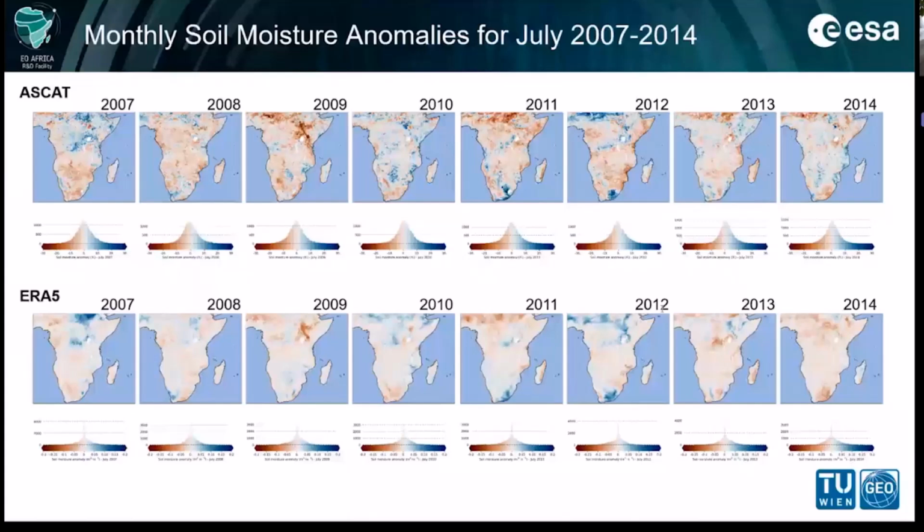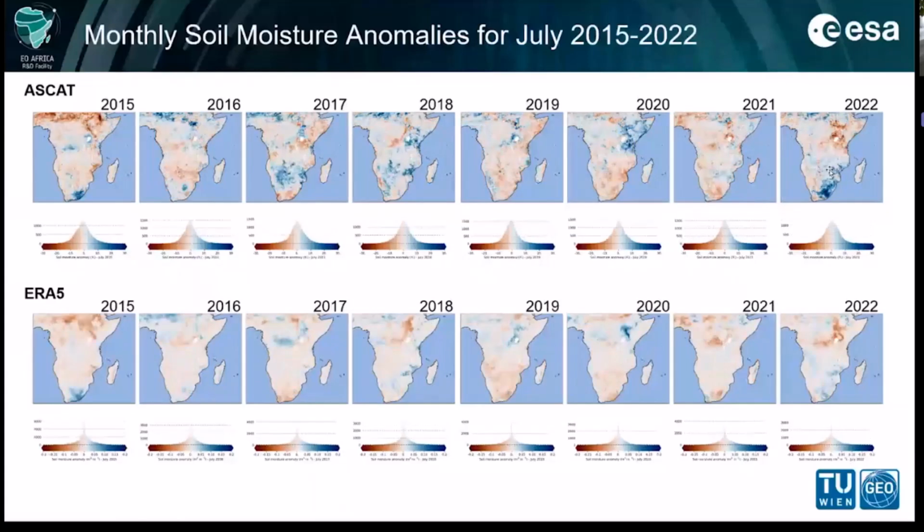So here we see the years 2007 to 2014, and here we go from 2015 to 2022. So here you already start to have a feeling on how we can capture changes from year to year with the ASCAT data.